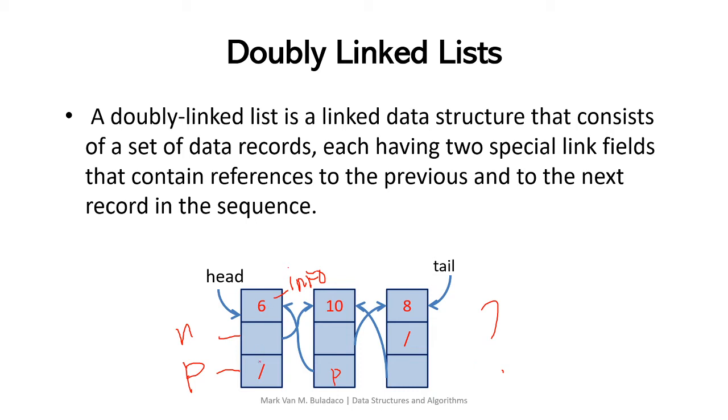And the prev of the head node is also empty because there is no node before the head. So that is a doubly linked list. It has info, next, and previous. The info field is basically storing the data, the next field is referring to the next node, and the previous is referring to the previous node.